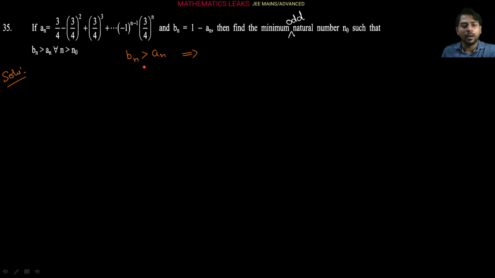So we can say 1 minus an is greater than an. So from there we can write down this given quantity. On this side we are taking an, so 2 times an, so an less than 1 by 2 comes in the cross multiplication. So we are getting an should be less than 1 by 2. We are getting one piece of information from this given data, right?